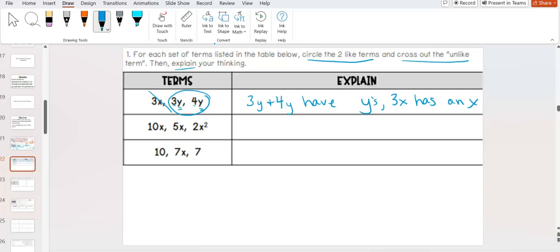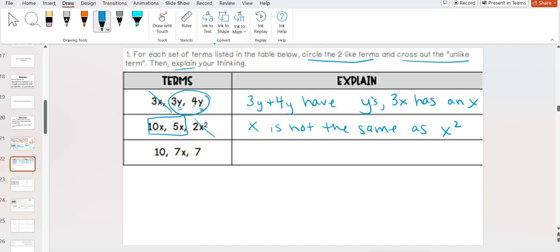Okay. On our next one, I've got 10x, 5x, and 2x squared. Well, my x's go together, and my x squared is unlike. Okay? x is not the same as x squared. So that's why I put them together.